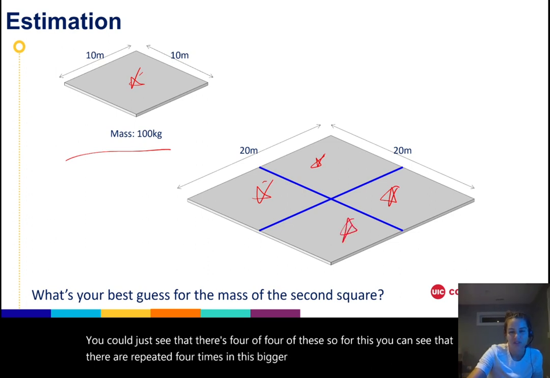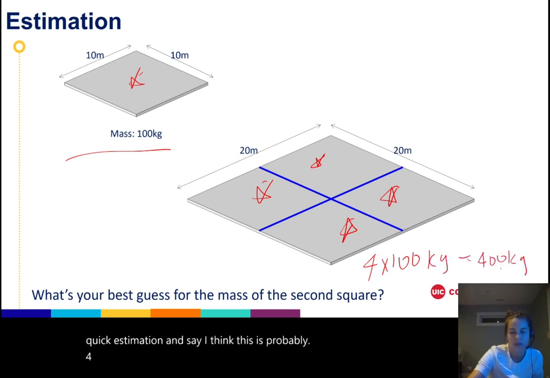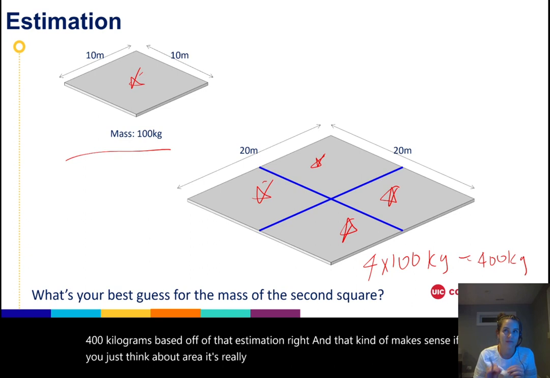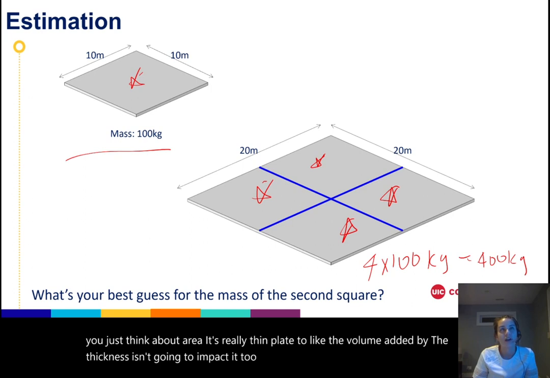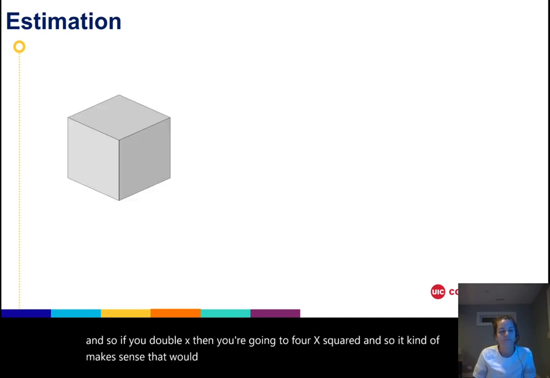So you could do a quick estimation and say, I think this is probably 400 kilograms based off of that estimation, right? That makes sense if you just think about area. It's a really thin plate, so the volume added by the thickness isn't going to impact it too much. But we know that area is like x squared, and so if you double x, you're going to get 4x squared. So it makes sense that that would be approximately what it would be.